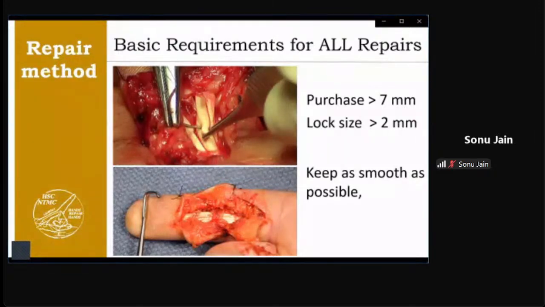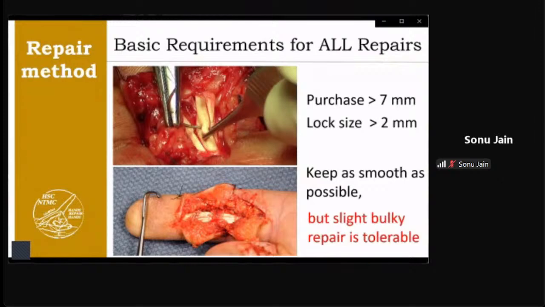The size shouldn't be too small, otherwise the lock will easily slip. We should keep the junction site as smooth as possible. However, the junction site does tolerate some degree of bulkiness. In fact, a slightly bulky repair is more preferable than a very smooth repair.